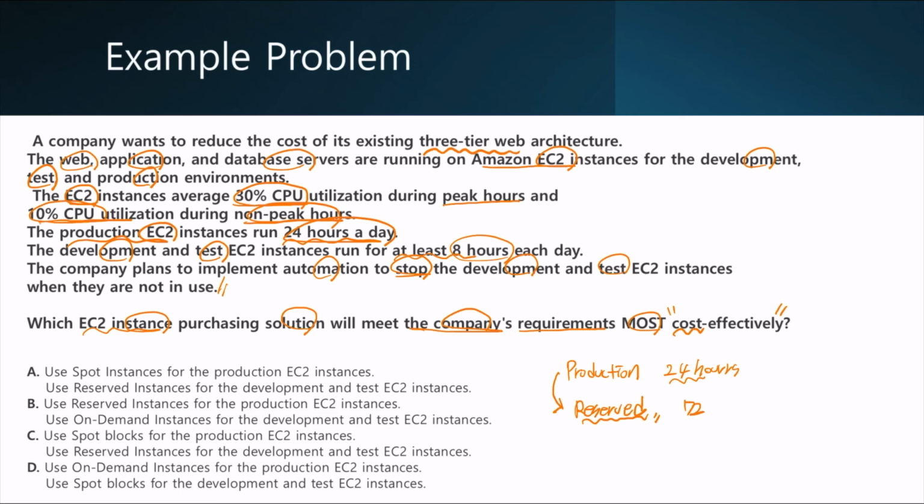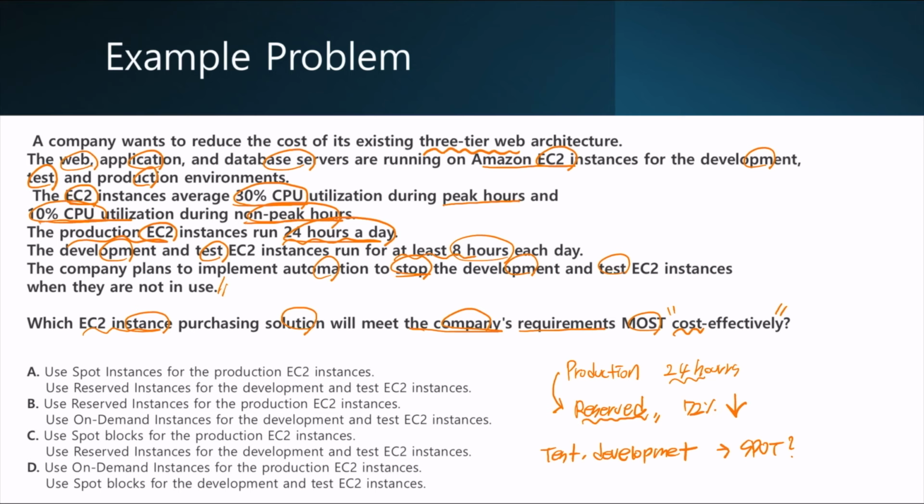And after that, test. Now test and development, right? What's important here is spot instances. So we think we can use spot instances, but at the same time, if we're not going to be using spot instances as much, then automation to stop is not going to be required or necessary. And we want to turn it off at some point.